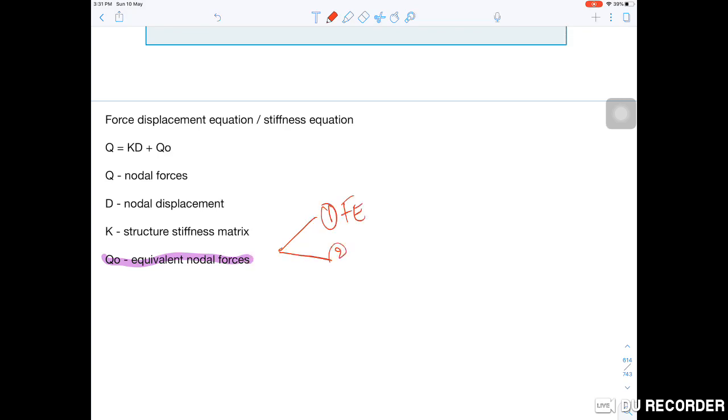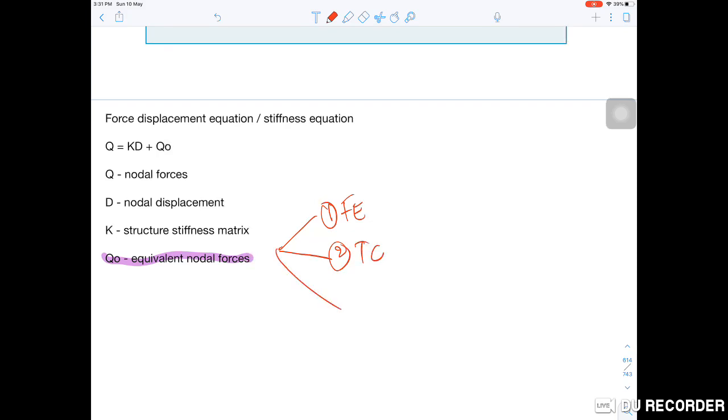Condition number 2 is due to temperature changes, and condition number 3 is due to external loading. Basically the first two normally occur in truss, and external loading is for beam as well as frame.